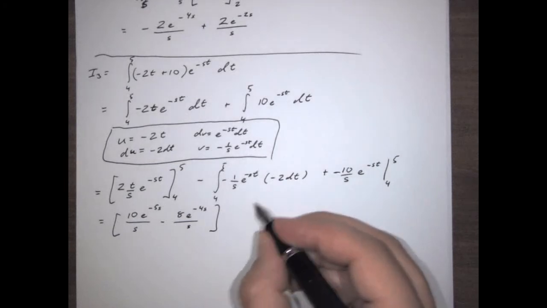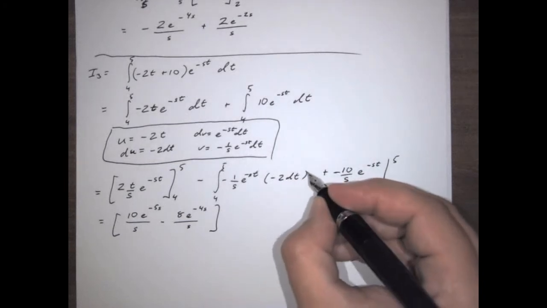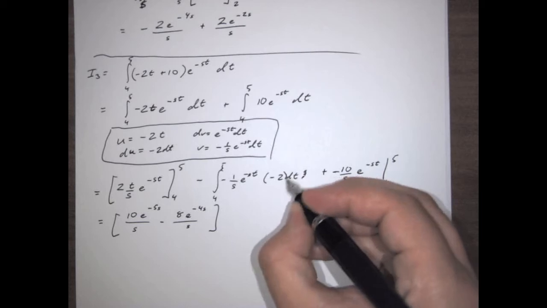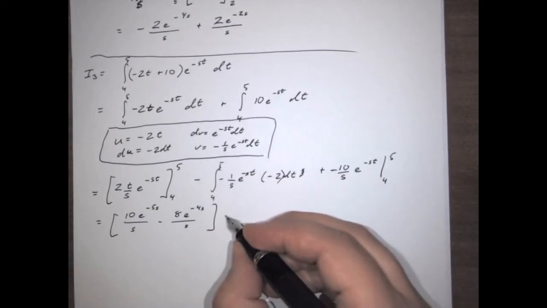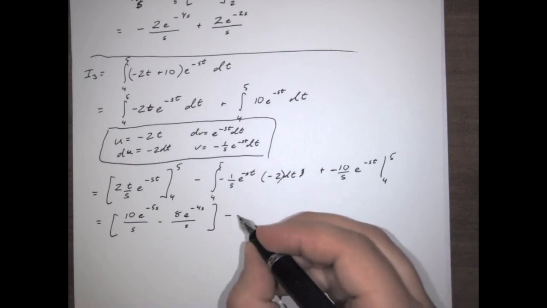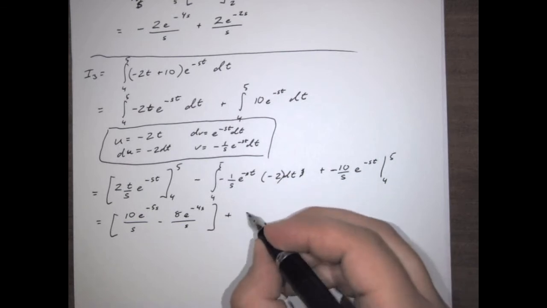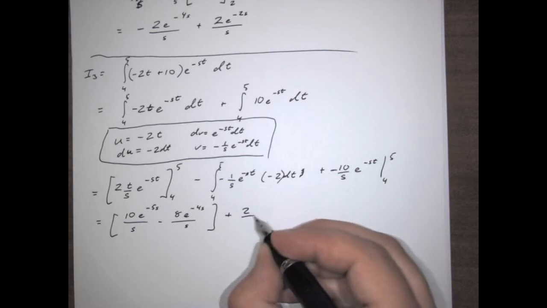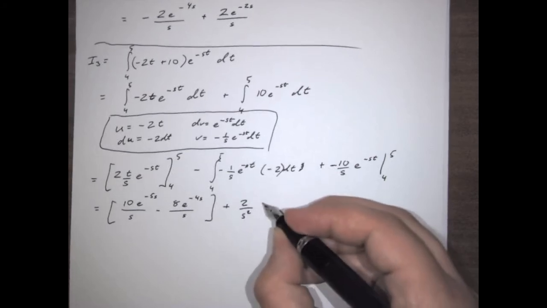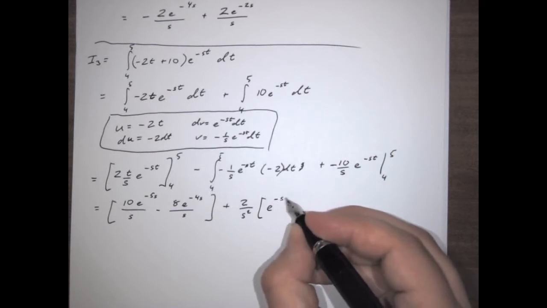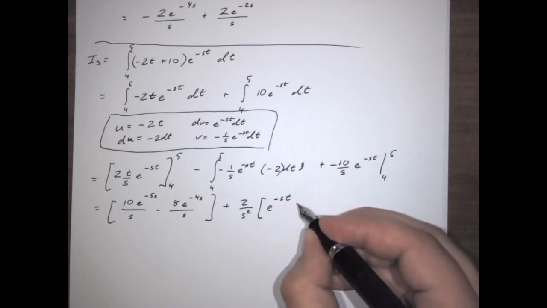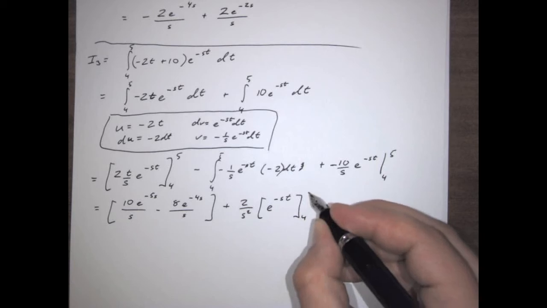Over here, we've got a whole bunch of negatives, a positive, negative, but down will come another negative, so altogether it's going to end up being positive 2 over s squared e to the negative st, 4 to 5.